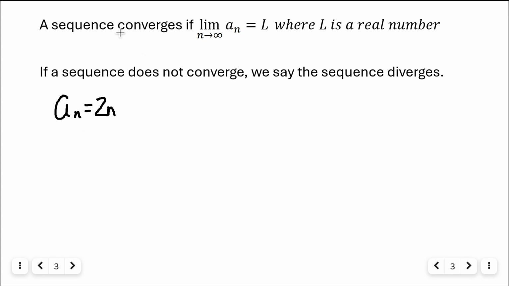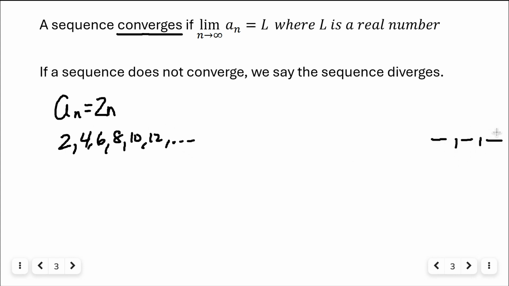It'll approach a finite value, the sequence will, if the numbers that are farthest away in the list, right, we're not looking for these numbers here. We're looking for these numbers that are way out here, right?